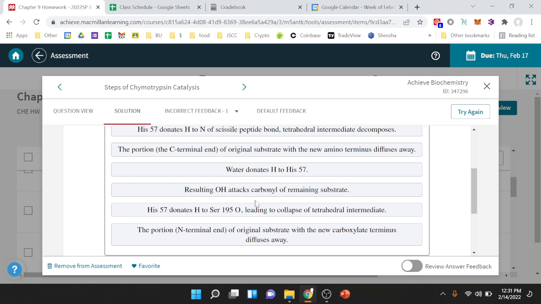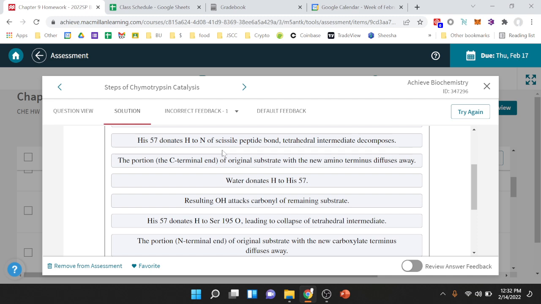Anyways, His 57 donates H to Ser 195 O, leading to collapse of a tetrahedral intermediate. So notice we had the N here, right? We detached it. We're left with that O, aren't we? Okay?